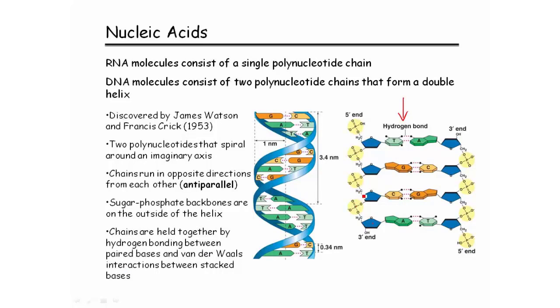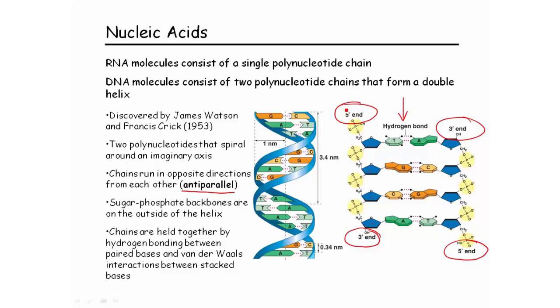So notice we've got sugar, phosphate, sugar, phosphate, sugar, phosphate, and so on the whole way down. Additionally, the chains are going to run in opposite directions, or they will be what we call anti-parallel. That means that the 3' end of one is going to be across from the 5' end of the next. And we have the same thing on the other side of the molecule.